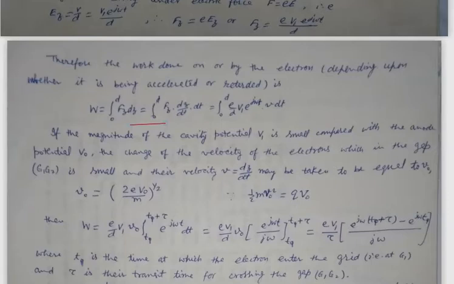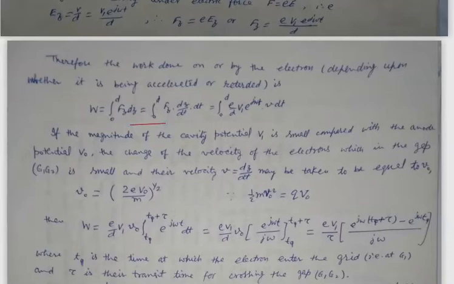The change of the velocity of the electrons in the gap G1 G2 is small, and their velocity v, which is dz over dt, may be taken to be equal to v0, where we may calculate v0 by the fact that work done by the field is equal to the kinetic energy gained by the electrons, that is half m v0 square equal to e V0, from which the velocity v0 is given by root twice e V0 over m.